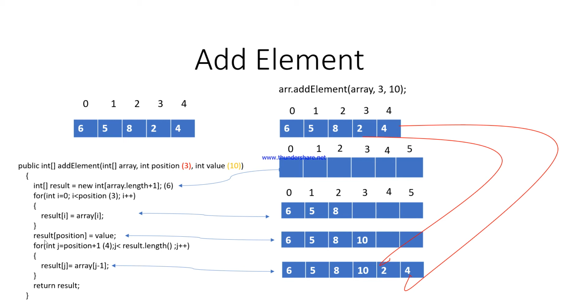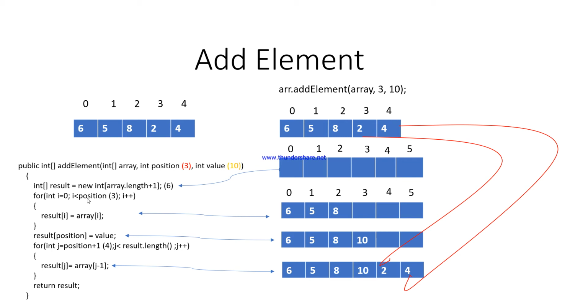Next, I used a for loop. In this for loop, I start the position from 0 and repeat until it reaches position 3.